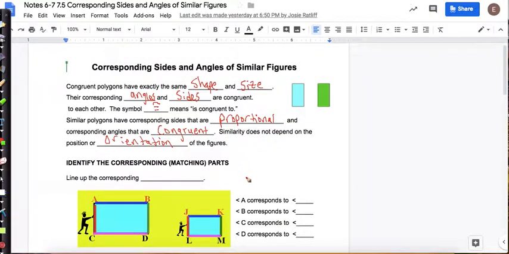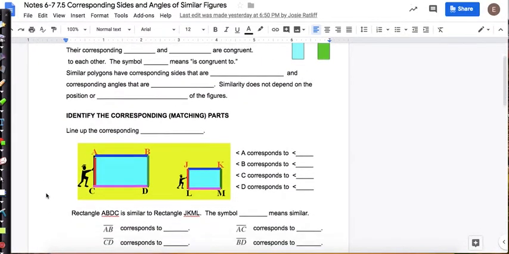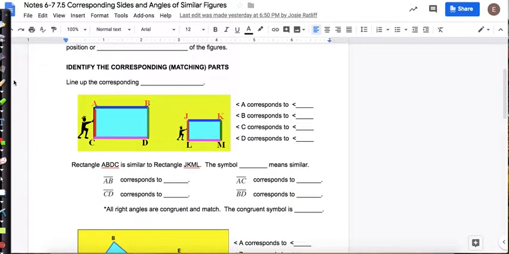Okay, so what we're going to do is identify the corresponding or matching parts. A strategy that you can use to do that, especially if the orientation is different, is to line up the corresponding parts. Now, if you look at the picture below, it says rectangle ABDC is similar to rectangle JKML.